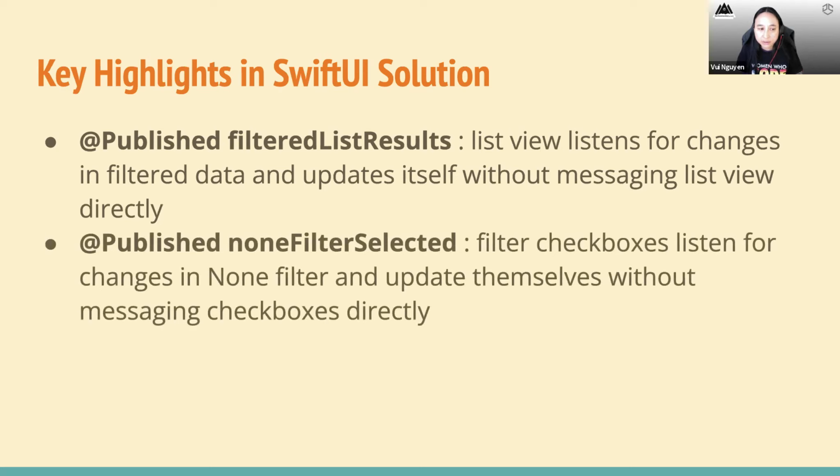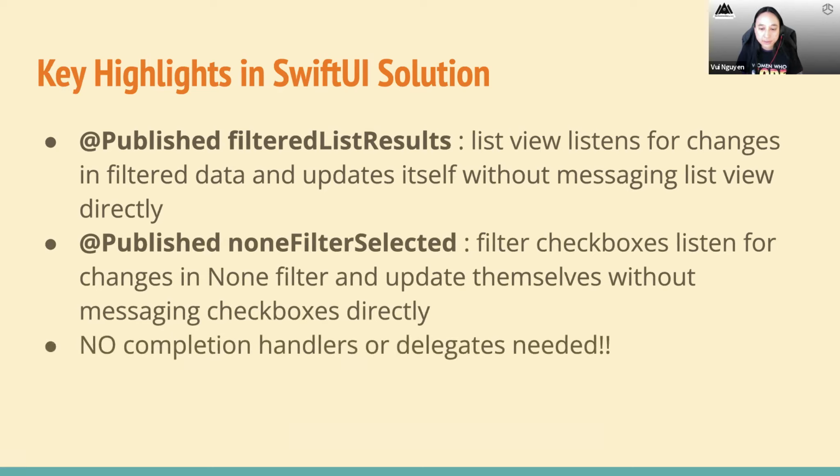And then with the none filter selected also being a published variable, the other filter checkboxes were listening for changes to the none filter and updating themselves without any classes having to message the checkboxes directly that the none filter was selected. And like I said before, no completion handlers or delegates were needed. So SwiftUI for the win.